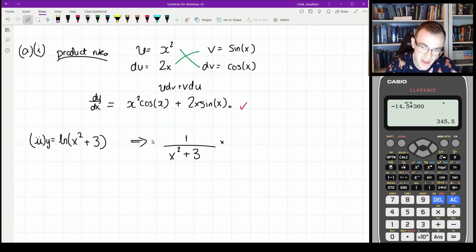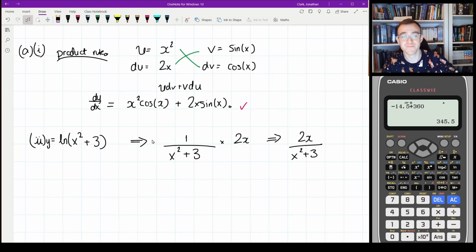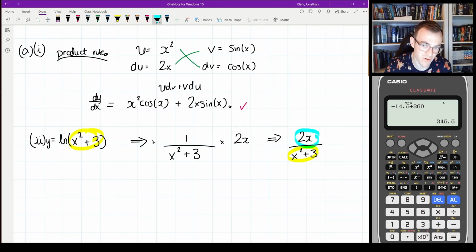If you differentiate x squared plus 3, you get 2x, and I can write that as a single fraction, 2x on the top, x squared plus 3 on the bottom. As a shortcut with logs, whatever's in the brackets on the bottom and the differential of what's in the brackets, so differentiate x squared plus 3, you get 2x, that's on top.